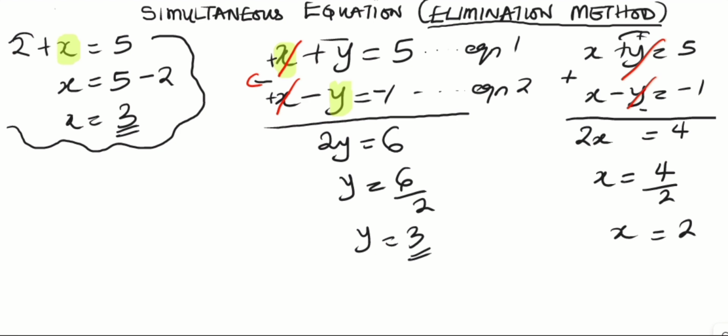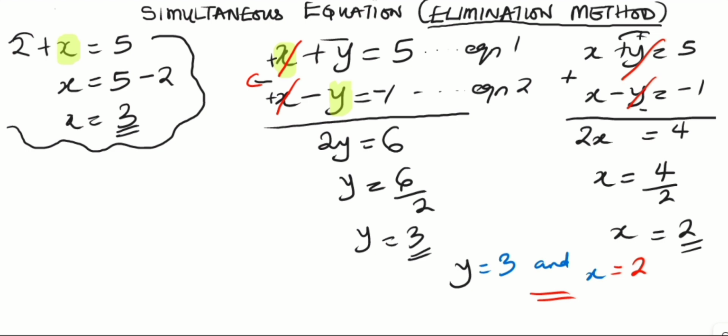So finally we have y equal to 3, and then we have our x, let me just color code that, equal to 2. And this is the answer to the simultaneous equation.